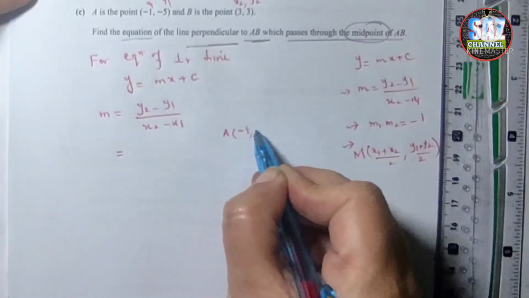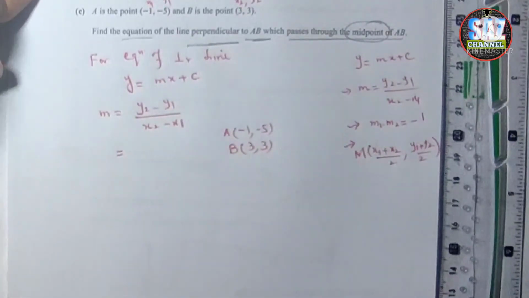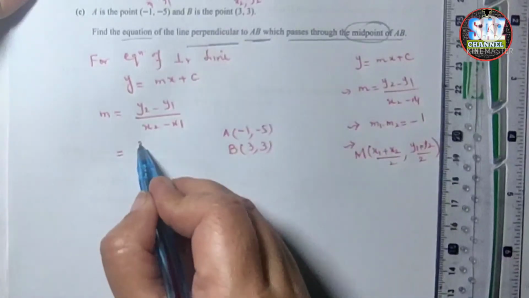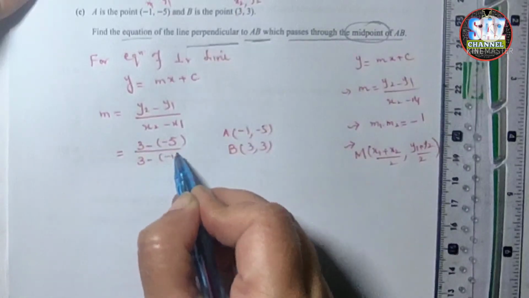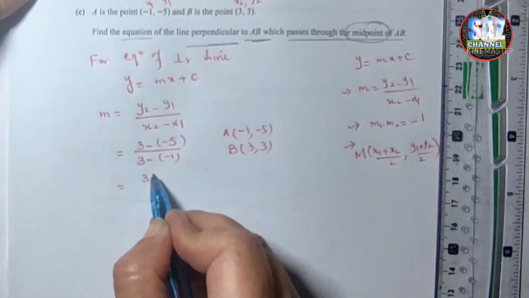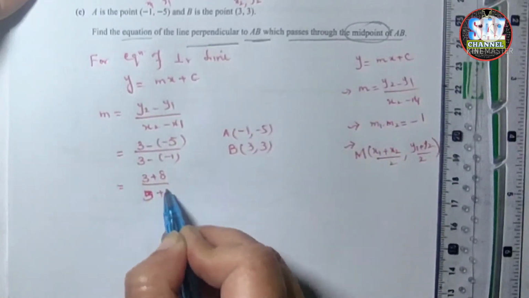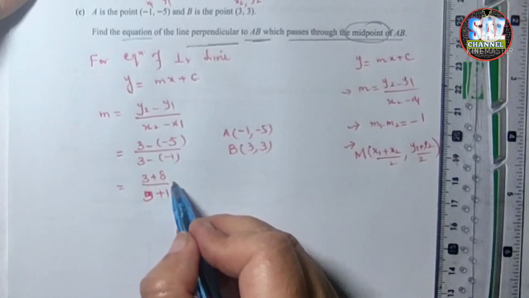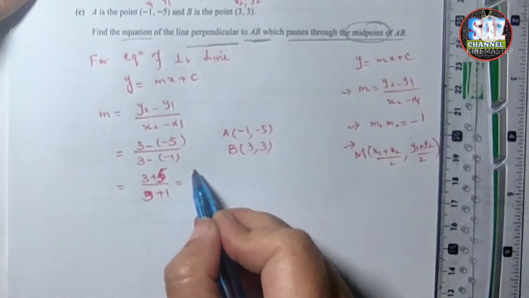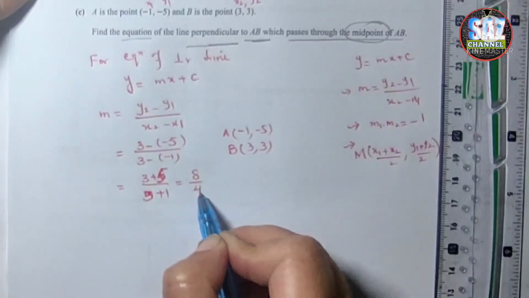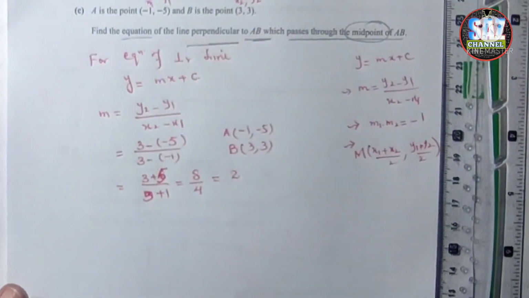A is (-1, 5) and B is (3, 3). y2 minus y1 is 3 minus 5 upon 3 minus -1, and this gives me -2 over 3 plus 1, sorry, 3 plus 5, which is equal to 8 over 4, which is equal to 2. This is the gradient of the line AB.